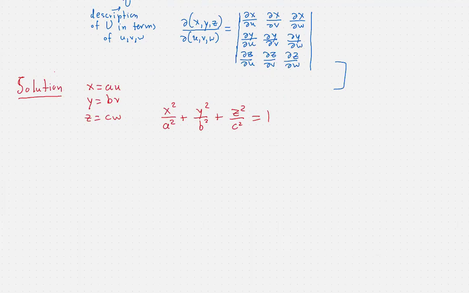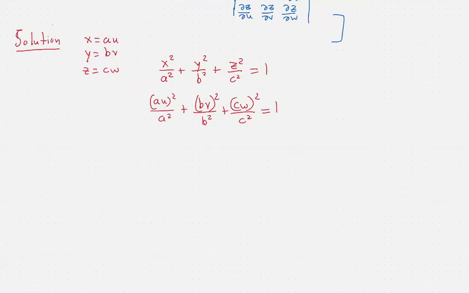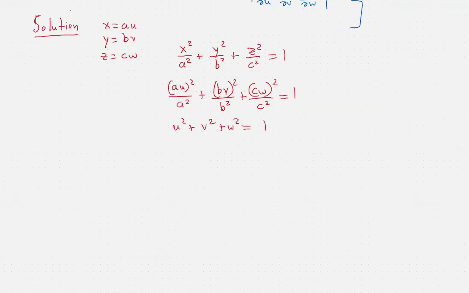And this will give us (au) squared over a squared plus (bv) squared over b squared plus (cw) squared over c squared equal to 1, which will be u squared plus v squared plus w squared equals 1. That tells us that the description of our domain in the new coordinates u, v, w is simply the unit ball, because its boundary is the unit sphere.